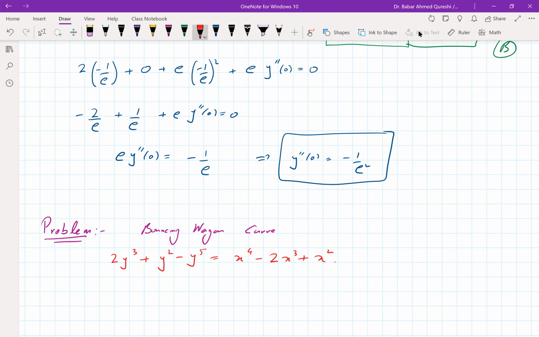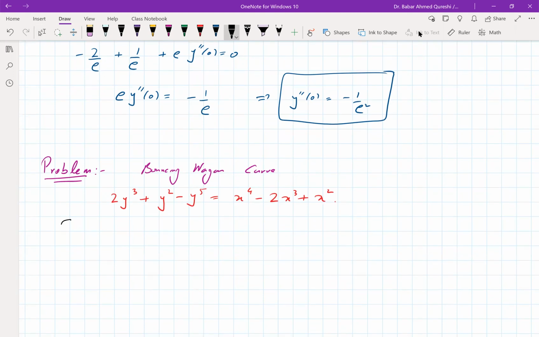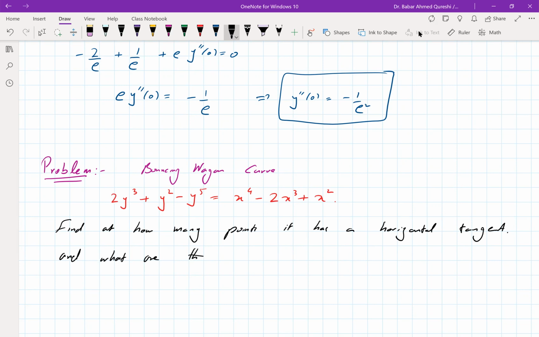We have to find at how many points it has a horizontal tangent and what are the x coordinates where tangent is horizontal.